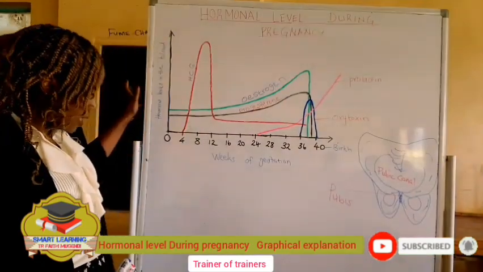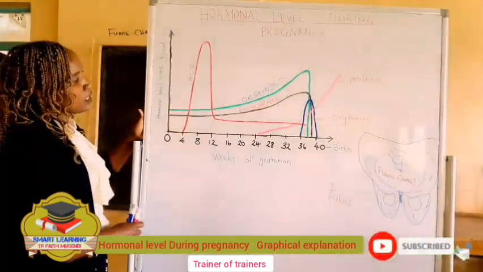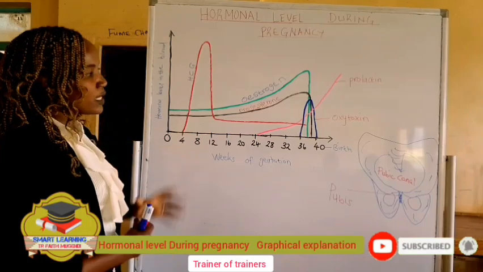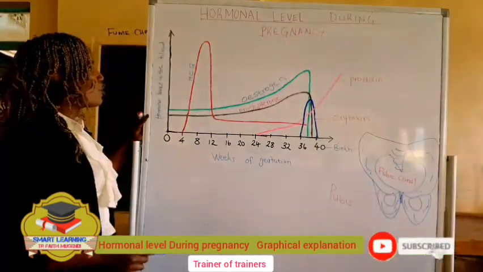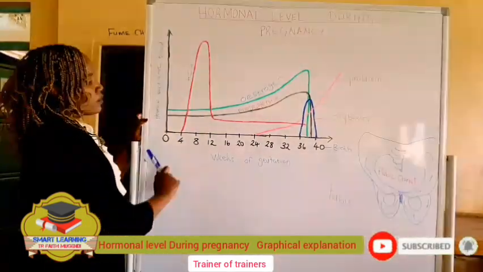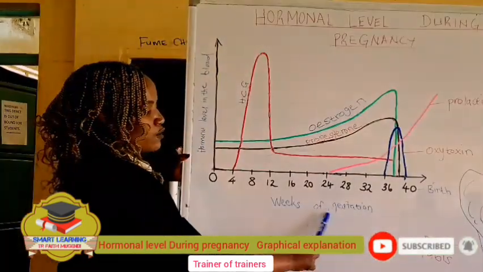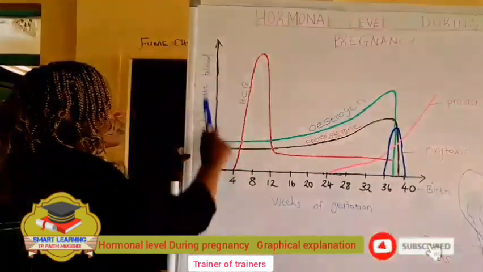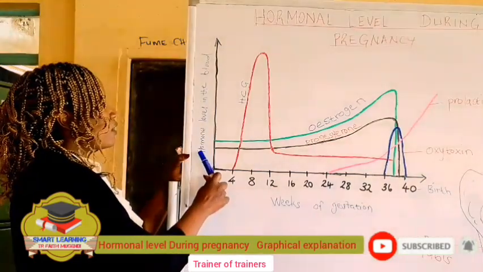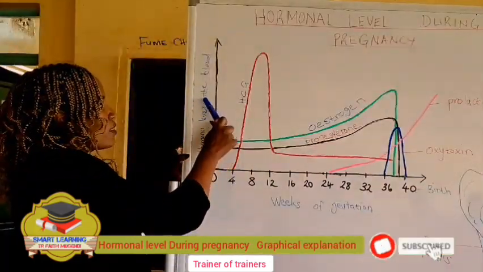So this diagram has a variety of hormones that are present in the body of a pregnant woman. On the horizontal axis, we have weeks of gestation, and on the vertical axis, we have hormonal level in the blood.